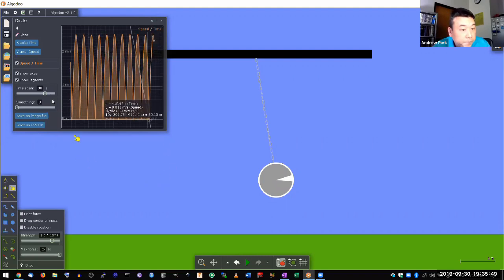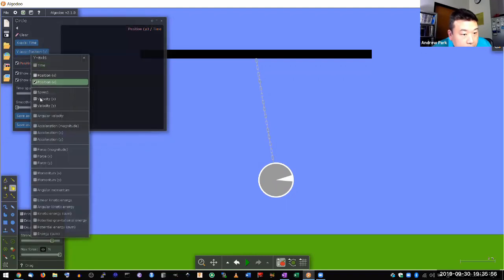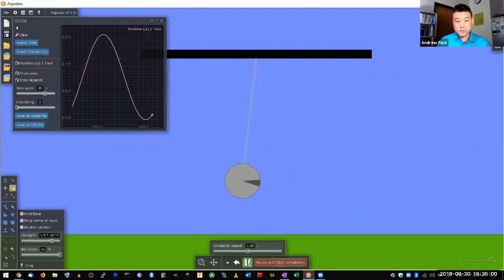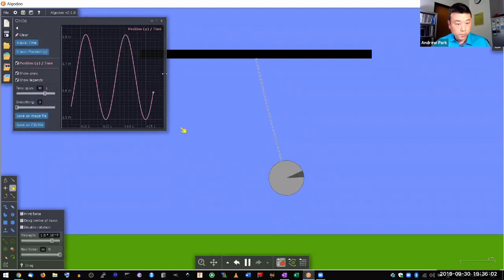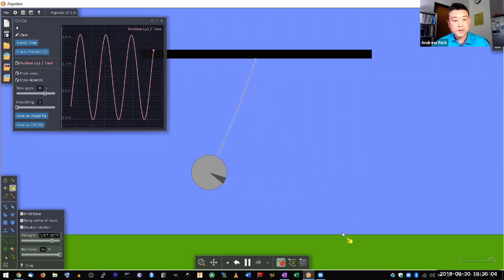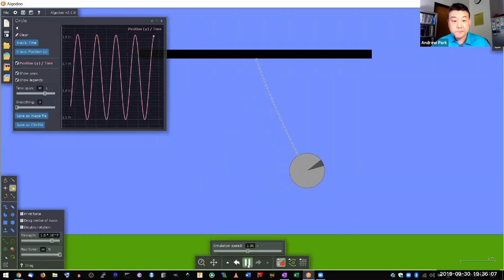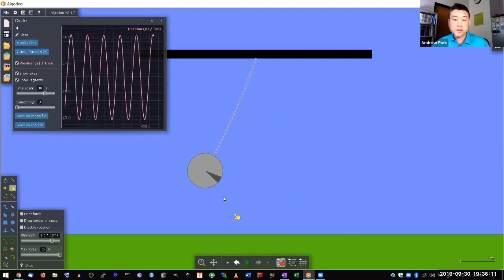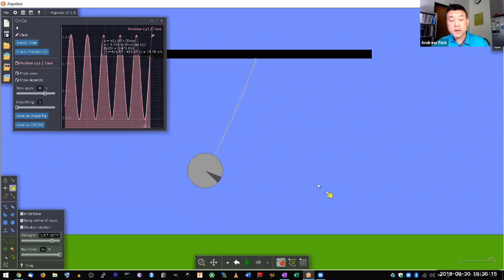And I can also try to show Y position. When you look at the Y position, then as it moves back and forth, you see that it always comes up to the same height. It seems like there's some unexpressed law of nature that causes this pendulum to move in this very regular way.